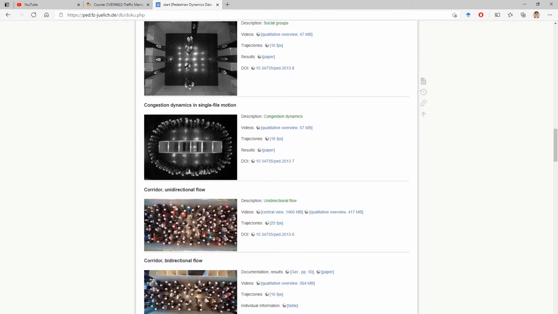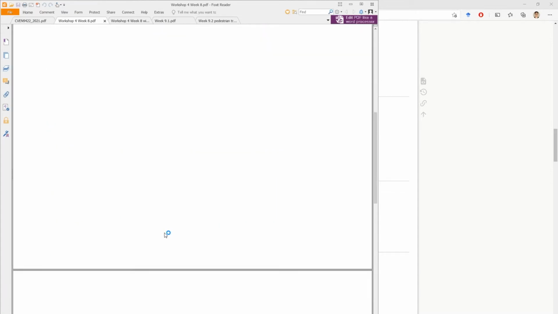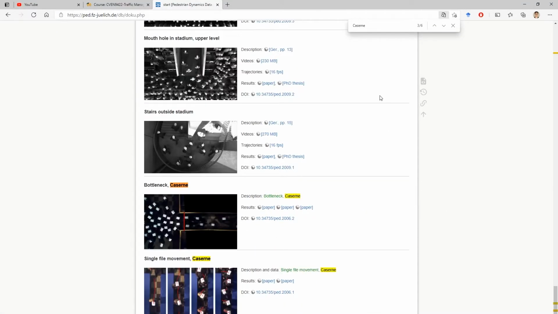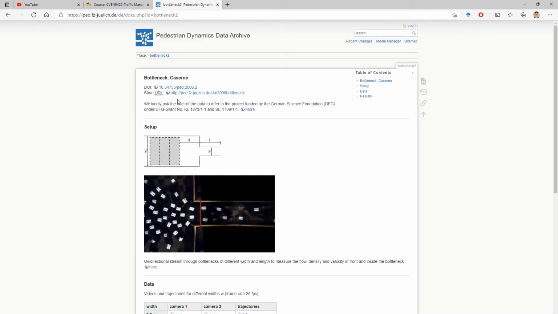What are we going to be interested in? This one, the bottleneck. So if you click on it, in this setup they have pedestrians starting from the left and walking into the right, from left to right.